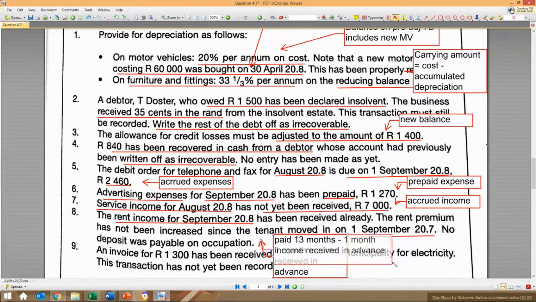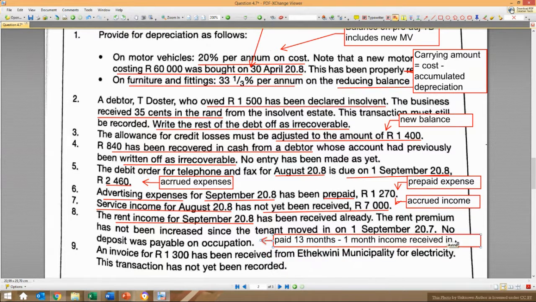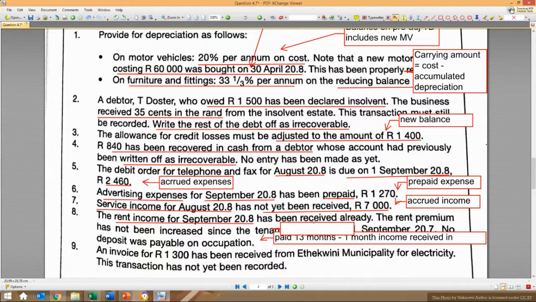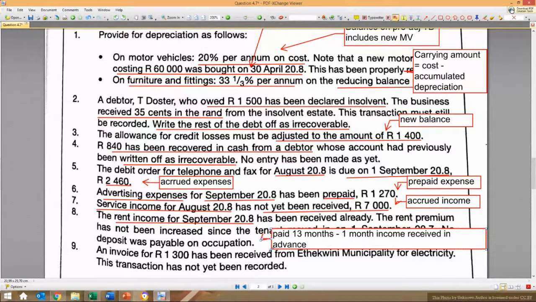So now what we have to do based on that, I'm just going to abbreviate. See if I can fit it in here.